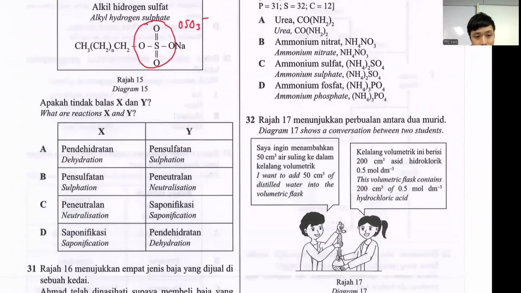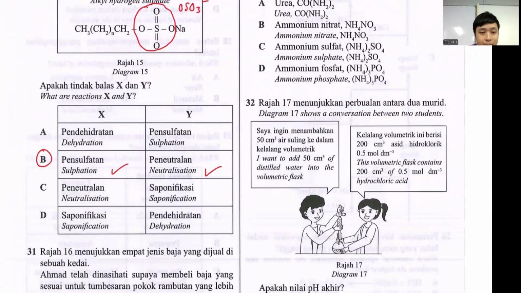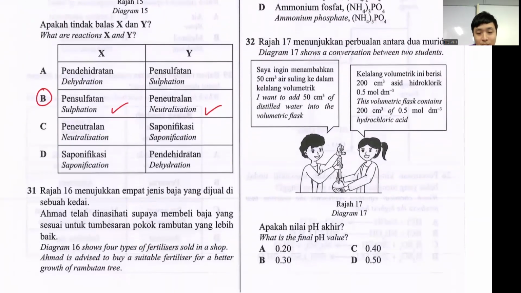So the answer is B. To produce soap, only one process, saponification.